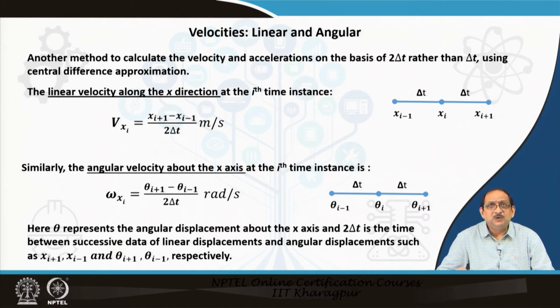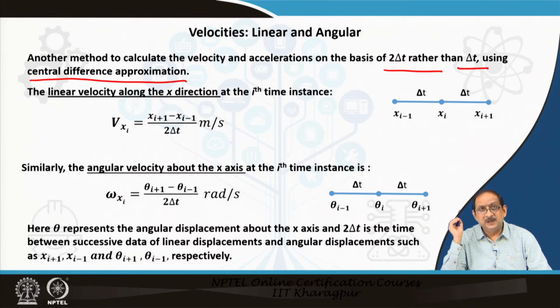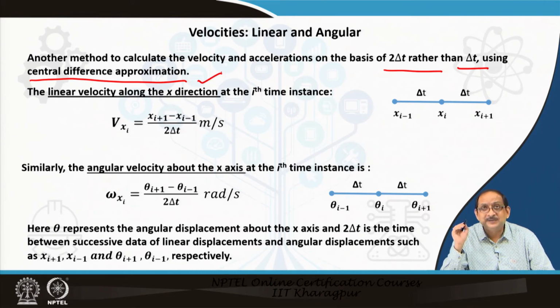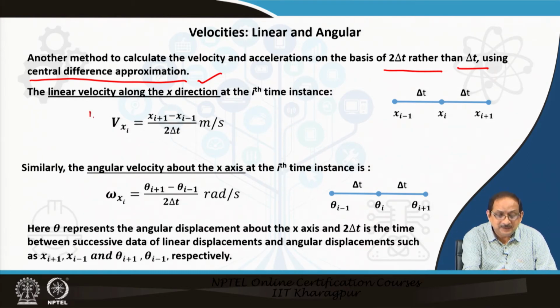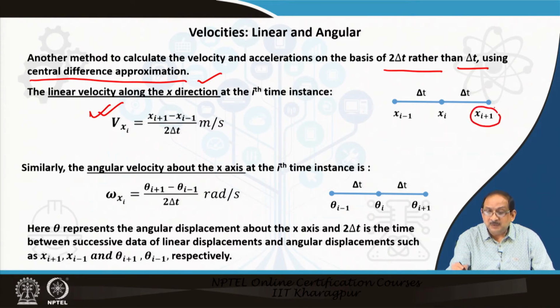Another method to calculate the velocity and acceleration is on the basis of 2 delta t rather than delta t, using central difference approximation. The linear velocity along the x direction at the ith time instant can be calculated as Vxi equal to xi plus 1, as indicated in the figure, minus xi minus 1 instant.